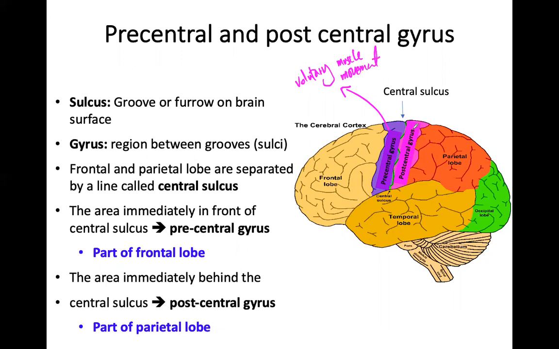The area right after the central sulcus is called the postcentral gyrus, and this is responsible for receiving data from one specific sense, which is your somatosensory, or your sense of touch. And I believe the rest we have already discussed in detail.